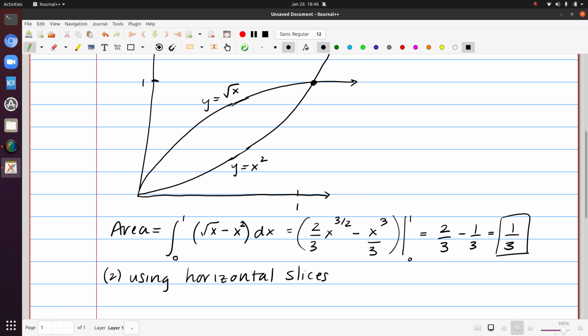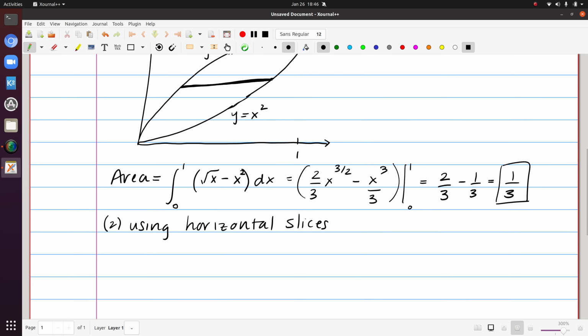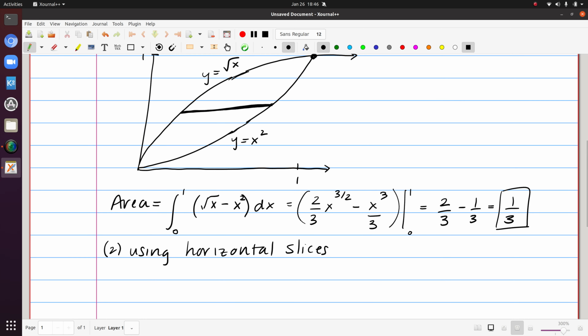So in this picture here, I'm going to think about cutting this way. Now, when we do that, what we should see here is that in this region, the top function is going to be this y equals x squared function.